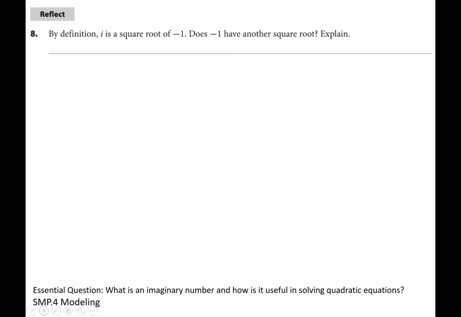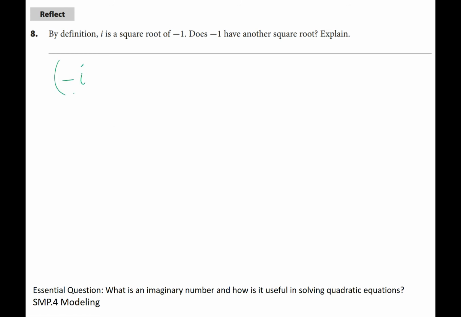All right, so we're going to reflect a little bit. By definition, i is the square root of negative 1. Does negative 1 have another square root? So the other square root that could possibly exist, what if we had a negative i?